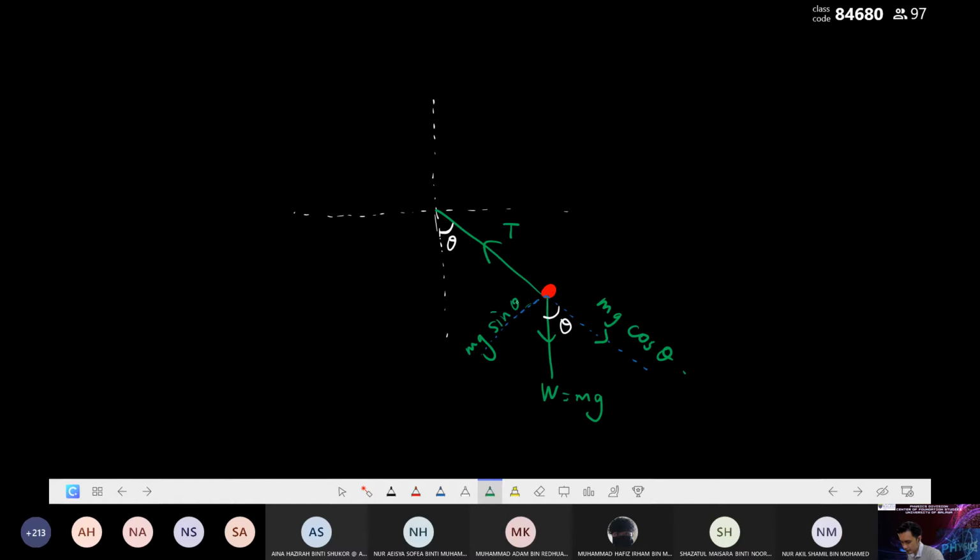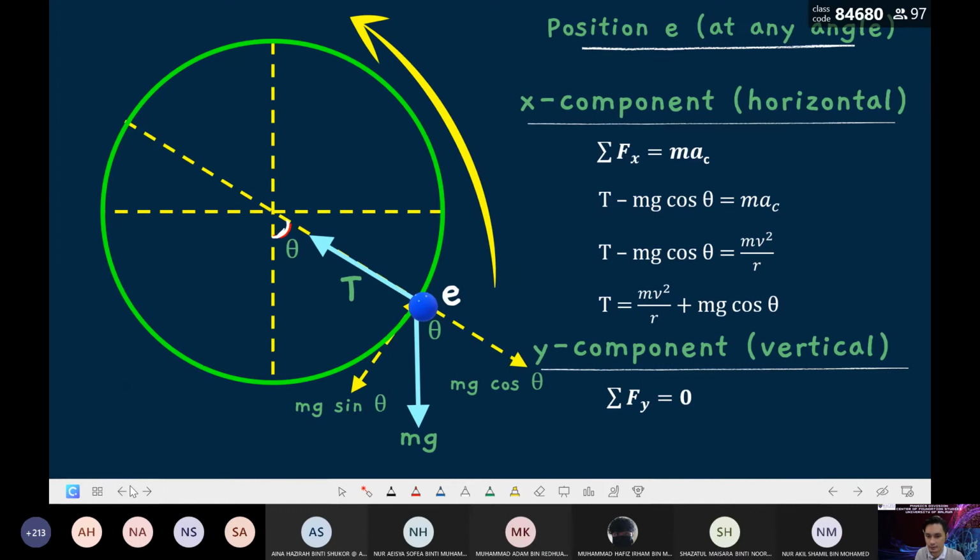So the forces involved in T that will supply the centripetal force are this one and also this one. And then there is no y component because it will always point to the center. There is no motion going downwards, so we don't care about the y component now since the acceleration is 0.